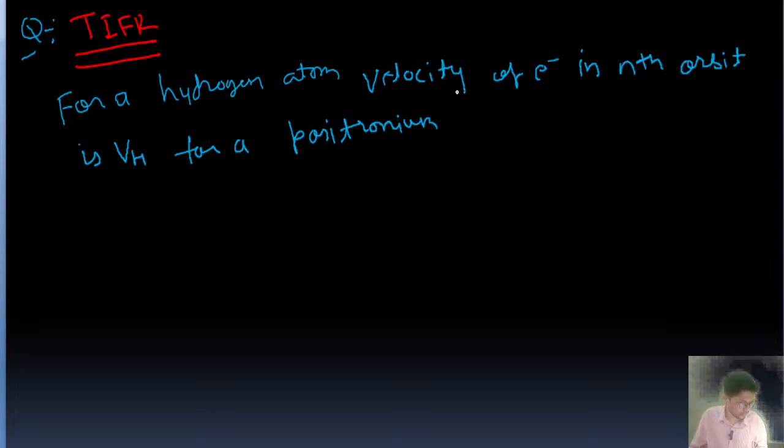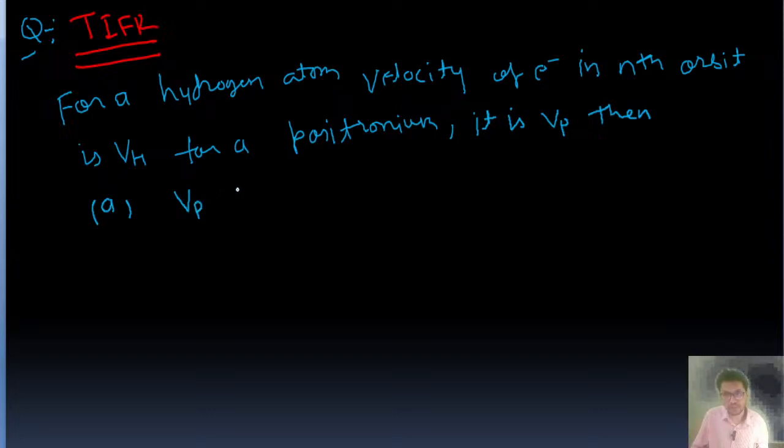So for a positonium, the velocity of electron is Vp. The velocity of electron in nth orbit is Vh for hydrogen, and for positonium, it is Vp, okay?